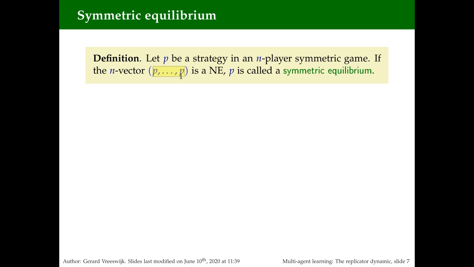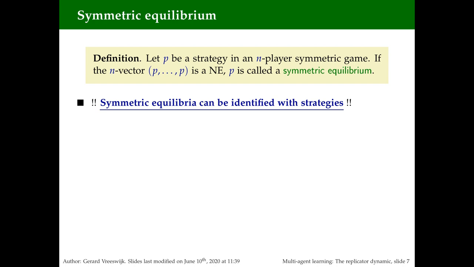Well, if the n-vector is a Nash equilibrium, then we talk about a symmetric equilibrium. So a symmetric equilibrium is an equilibrium in which all parties maintain the same strategy.